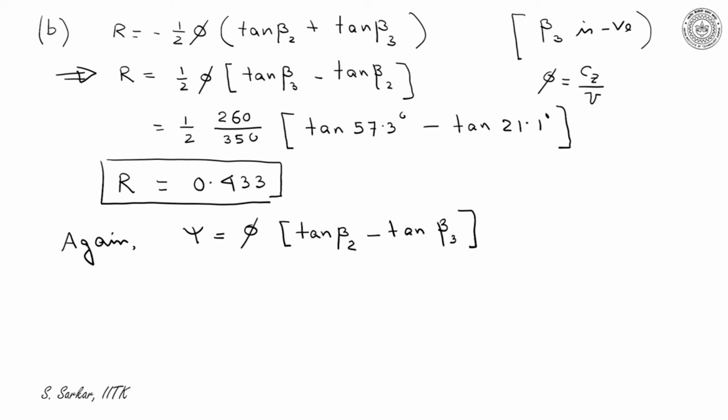Considering the sign convention, as I told before, beta 3 is negative, so Xi would be equal to phi into tan beta 2 plus tan beta 3.